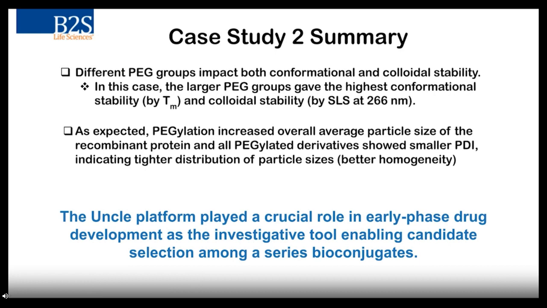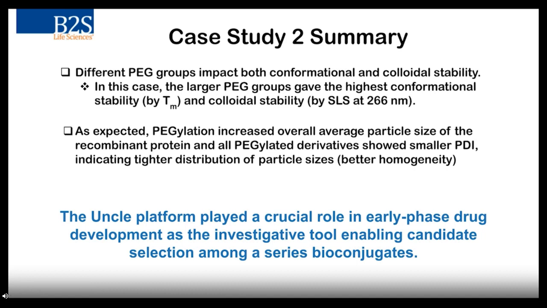So bringing it all together, to summarize the second case study, the different peg groups influenced both the conformational and colloidal stability. In this case study, the largest peg group gave the highest conformational stability as well as colloidal stability.